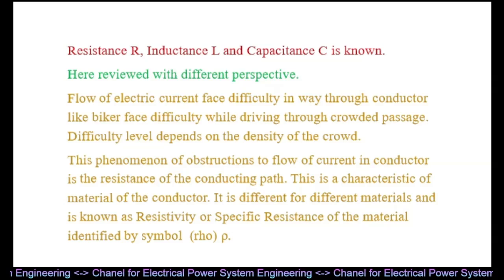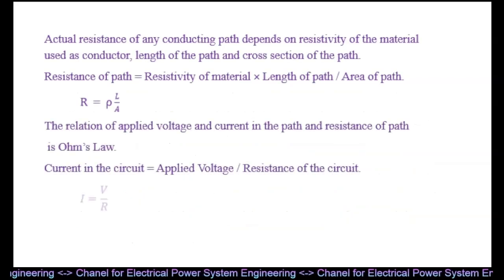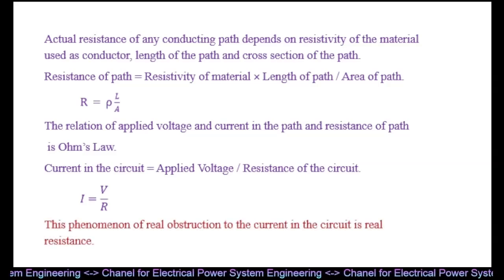This is a characteristic of the material of the conductor. It is different for different materials and is known as resistivity or specific resistance of the material, identified by the symbol ρ. Actual resistance of any conducting path depends on the resistivity of the material used as conductor, the length of the path, and the cross-section of the path.